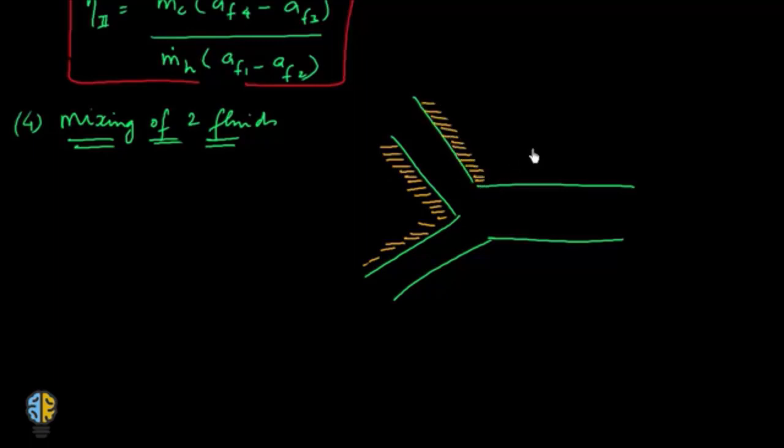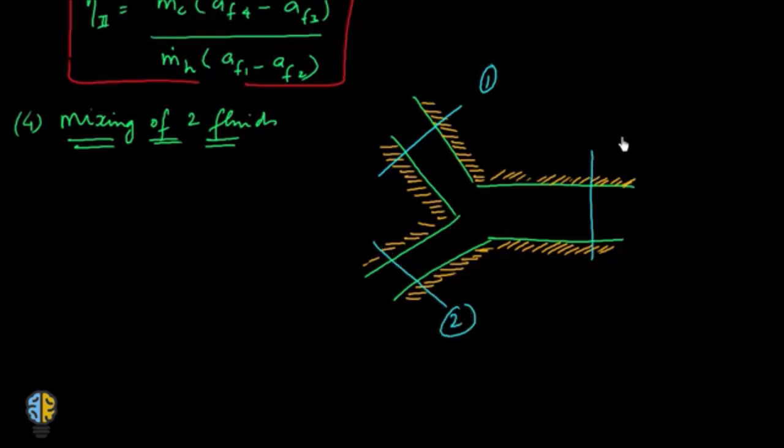and again it does not involve a single stream analysis. You'll have multiple streams for it, so we'll have to use the generalized rate equation for the exergy balance in a steady flow. Alright, so let's have this as section 1, this as section 2, and this as section 3.